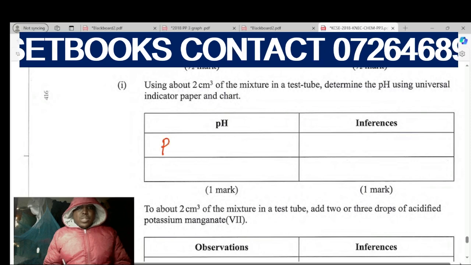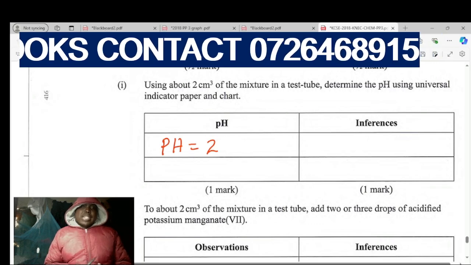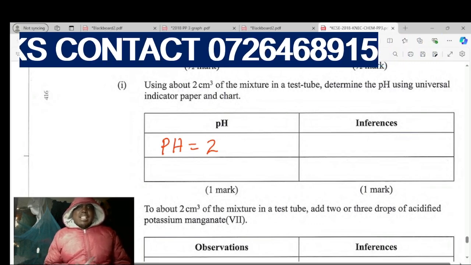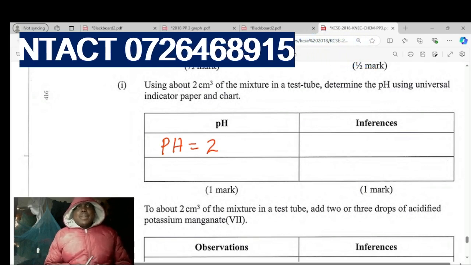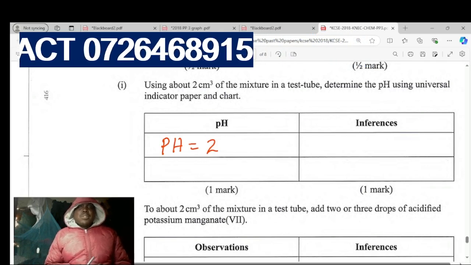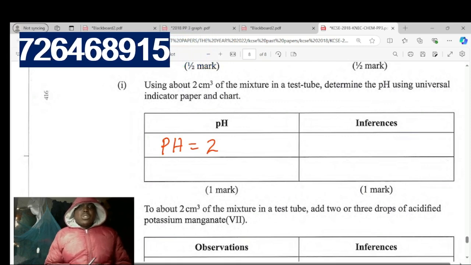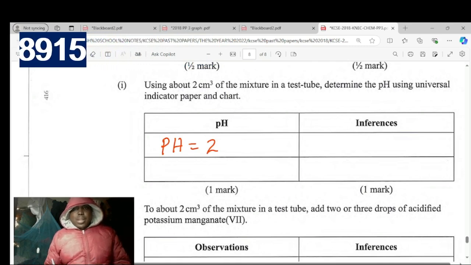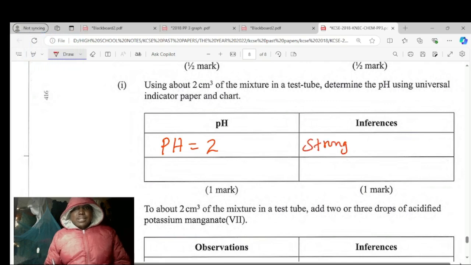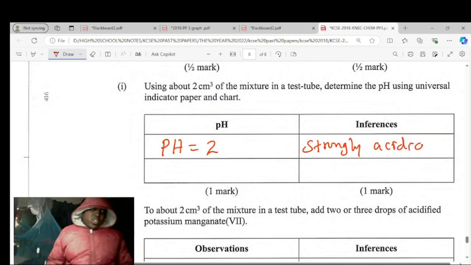So for example, this one the pH was equal to 2. pH 1, 2, 3 is strongly acidic. pH 4, 5, 6 weakly acidic. pH 7 neutral. pH 8, 9, 10 weakly basic. pH 11, 12, 13 is strongly basic. For this one, strongly acidic.